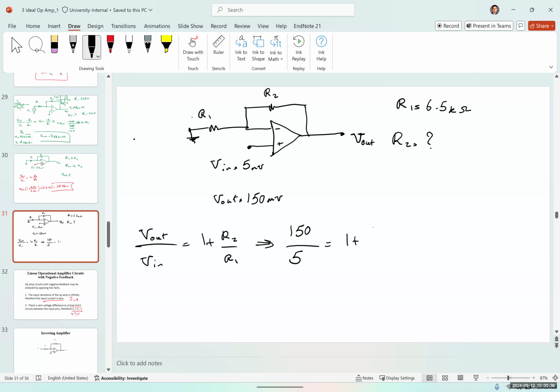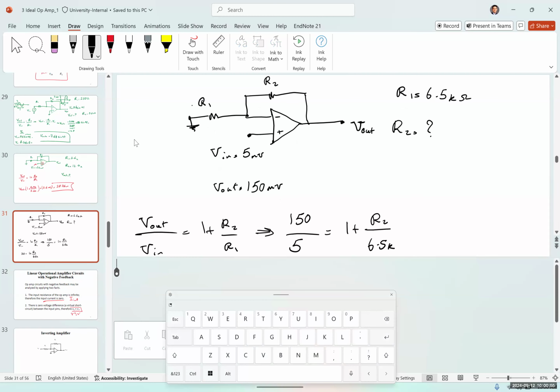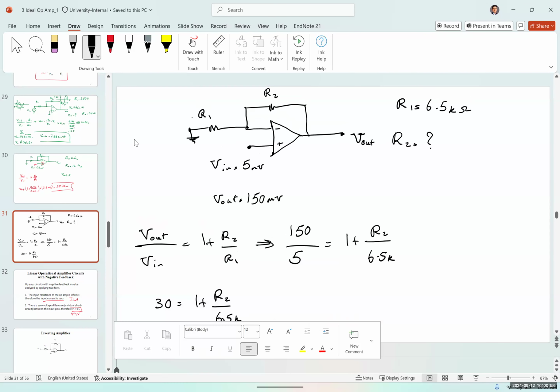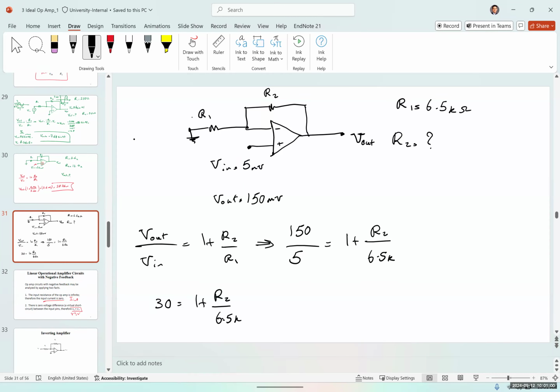This is equal to 1 plus R2, which is unknown, over 6.5 K. 150 over 5, 30 is equal to 1 plus R2 over 6.5 K. So 29 would be equal to R2 over 6.5 K. Therefore, R2 would be 29 times 6.5 K, which gives us 188.5.